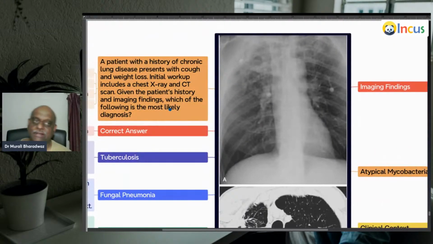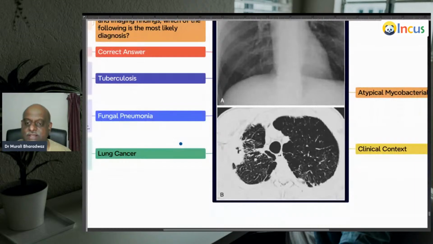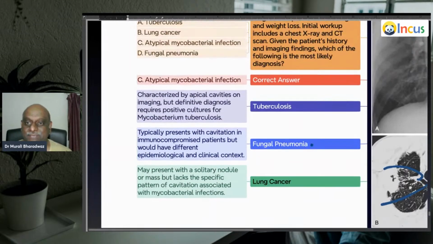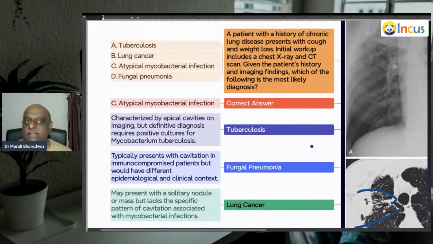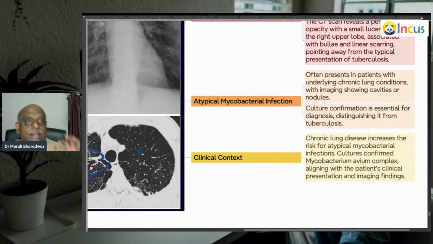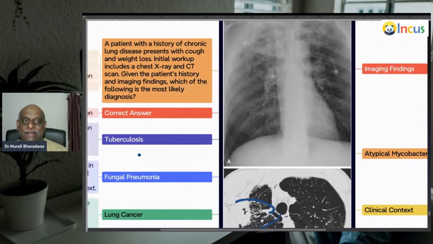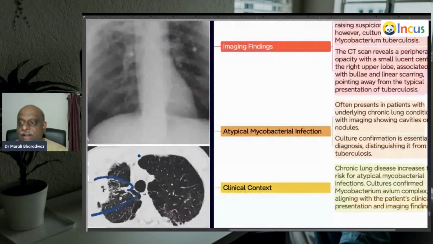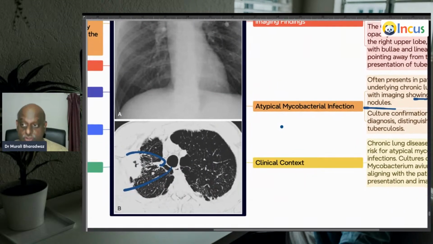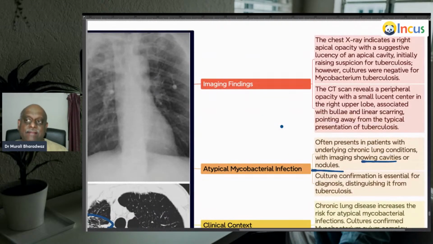A patient with a history of chronic lung disease presents with cough and weight loss. Initial workup shows chest X-ray and also the CT scan has been done. So what is it most likely to be? It is likely to be atypical mycobacteria, chronic lung disease patient with cough and weight loss. So typically it shows cavities and nodules as the classical presenting finding.